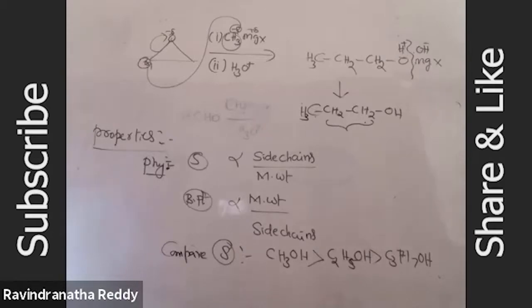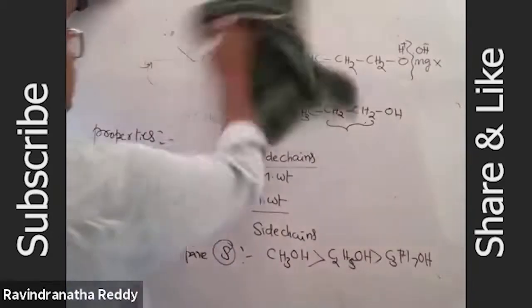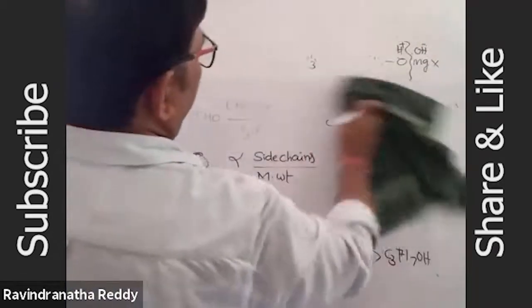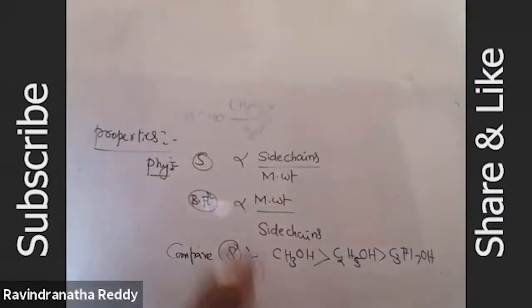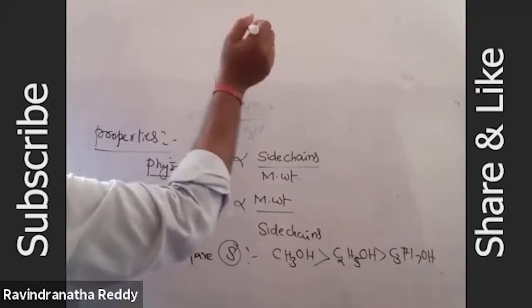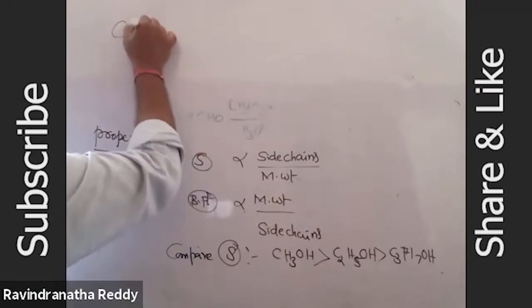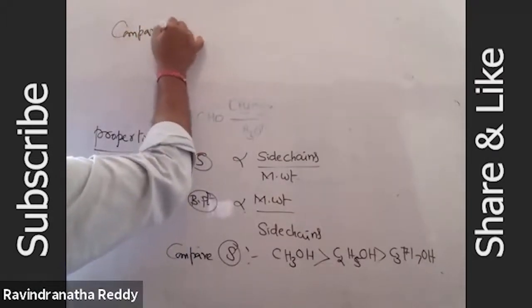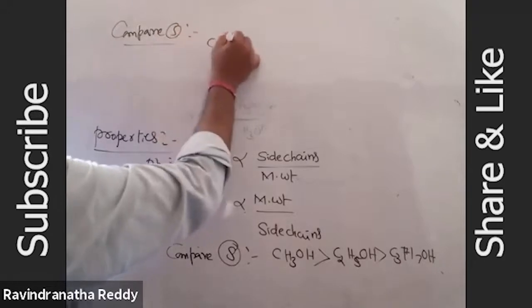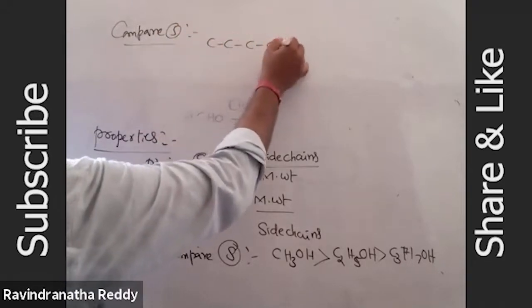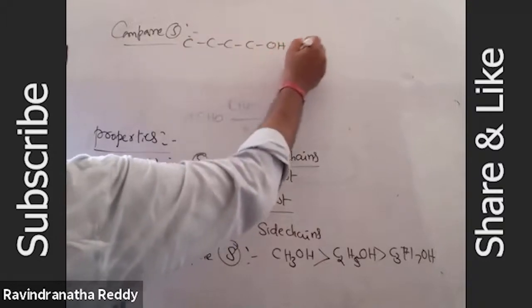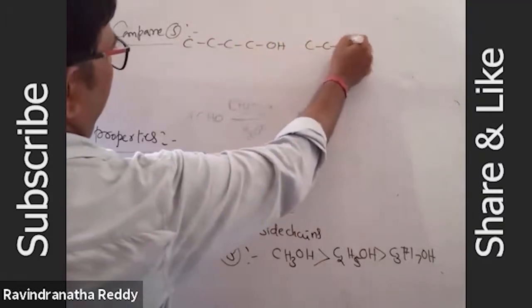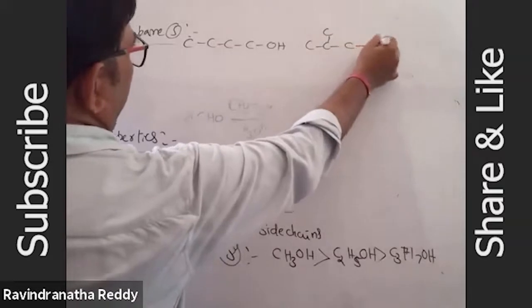So next, number of side chains. Same number of carbons, based on number of side chains, compare the solubility. Compound 1, 2, 3, 4: take here 4 carbons. Next to that one is 1, 2, 3, 4 carbons, but a side chain is there.